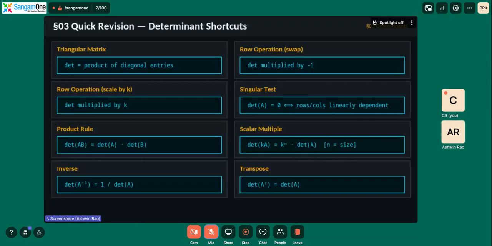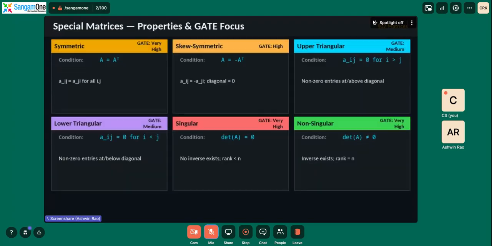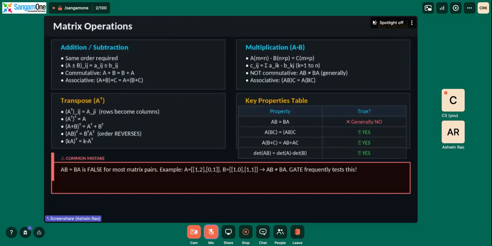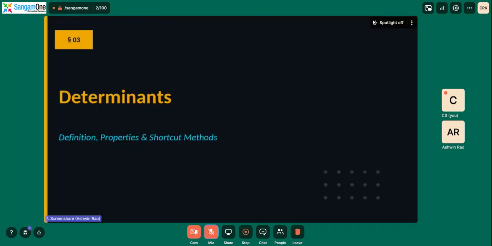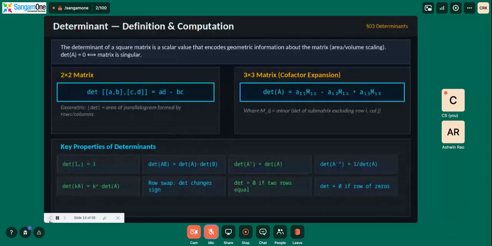As you can see here in 2 cross 2 and 3 cross 3 matrices, row rank and column rank will be the same.